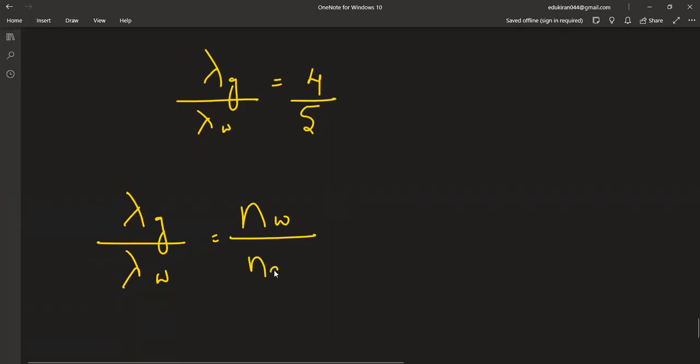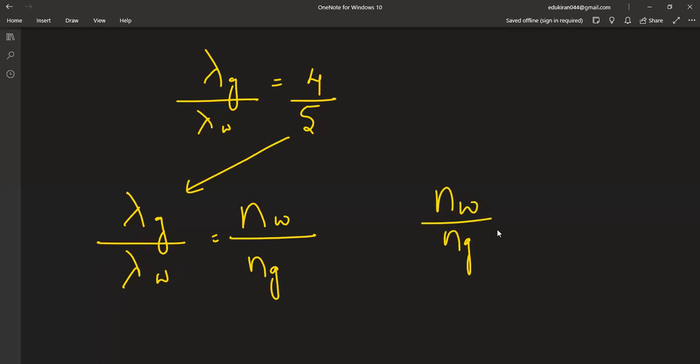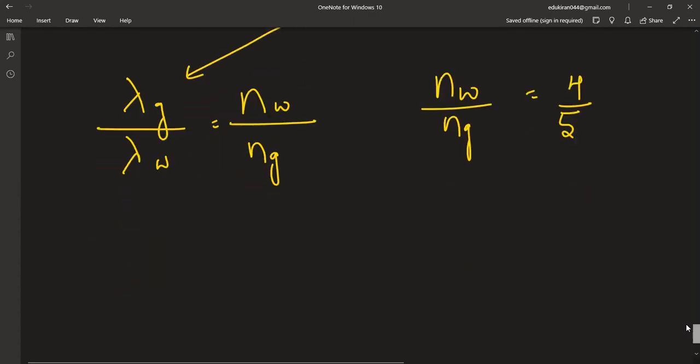This becomes reverse because frequency remains the same. So when you put in this value here, NW by NG is equal to 4 by 5. So what is NG equal to?